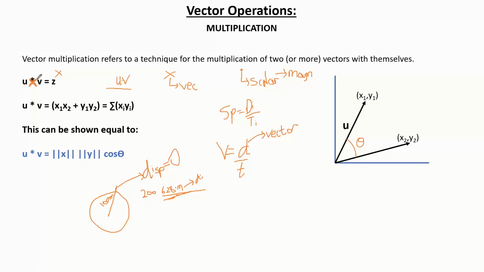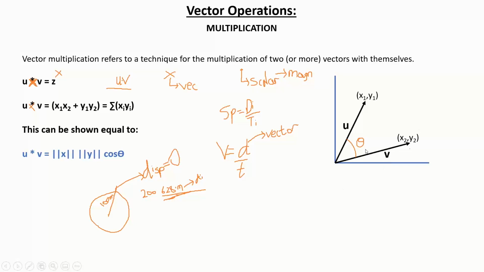So this is u into v, and again it is u into v, so we'll get x1 x2 plus y1 y2. To get the product we need a product of two vectors, so x1 x2, the value of x1 and x2, into y1 and y2.